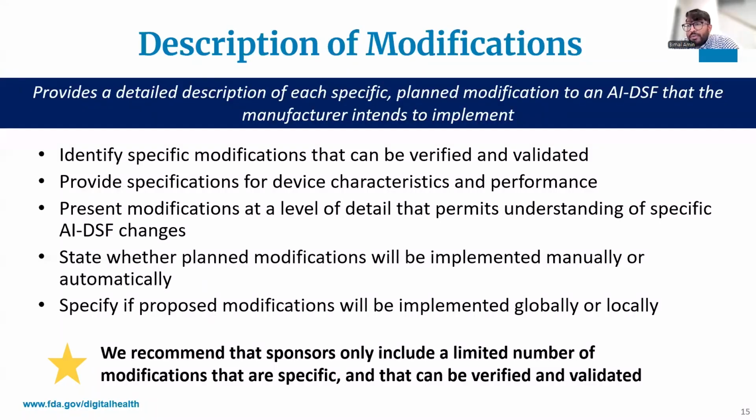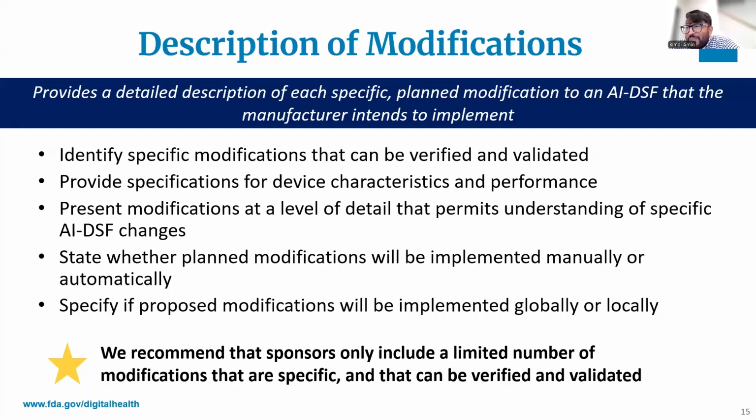When you describe your proposed modifications, we recommend that each one be well-defined and specific. They should provide enough detail that the specific modifications can be clearly understood, verified, and validated. You should also include performance specifications for device characteristics, state whether the modification will be implemented manually or automatically, for example, if you're doing an over-the-air software update, and specify if it will be deployed globally across all devices or locally.